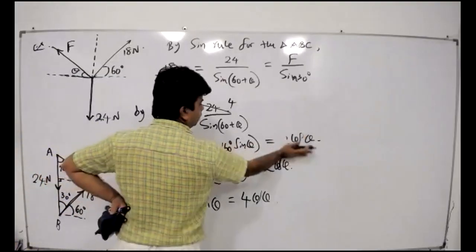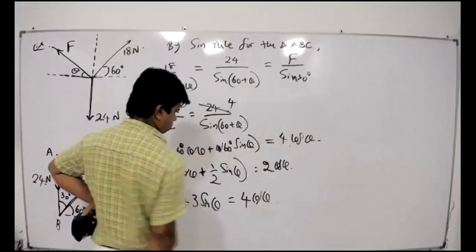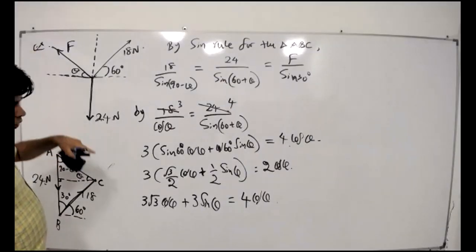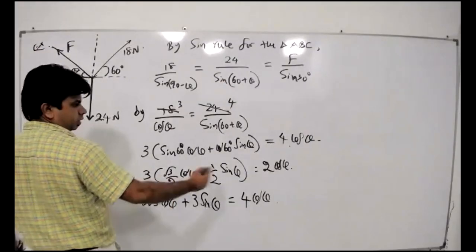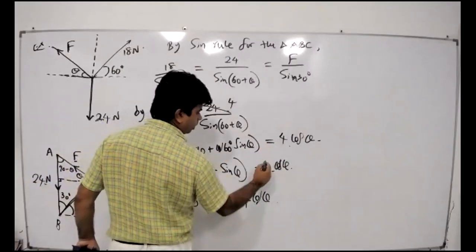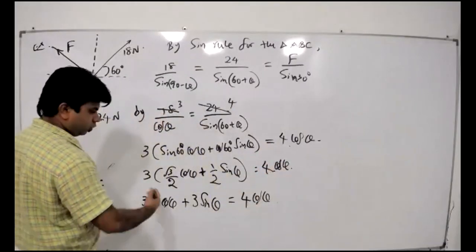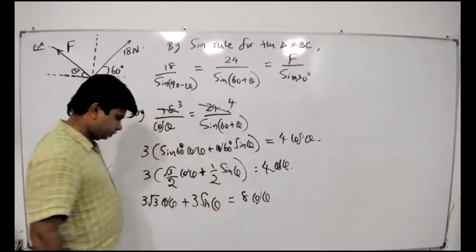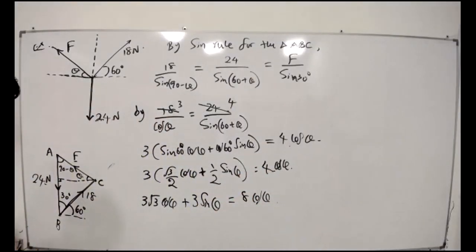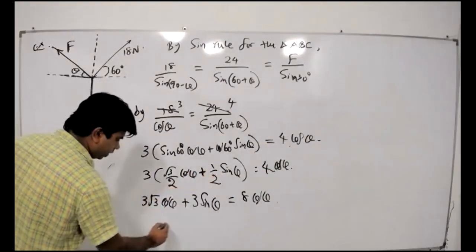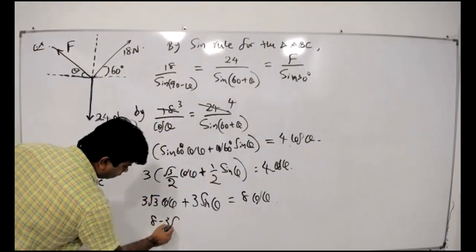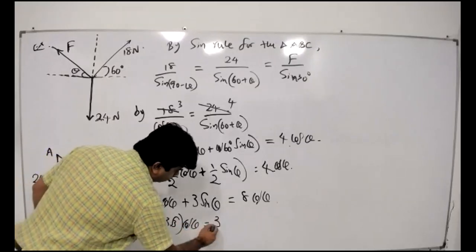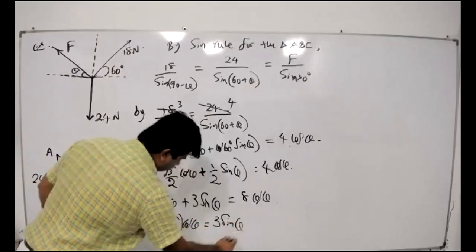Then here 4 cos theta. Please make this correction. Right, this must be 24. Then here 4, and 4 into 2 here 8. Now it's okay. Then you can see that 8 minus 3√3 cos theta equals 3 sin theta, right?